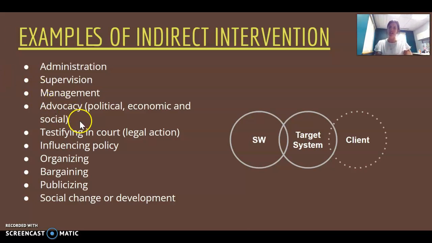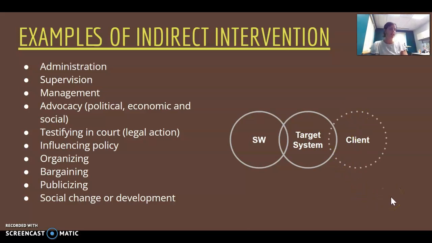There's the advocacy, testifying in court, influencing policy, organizing, bargaining, publicizing, social change or development. So it does have more of a macro vibe to it. But they're all functions within social work, which are really important to know because they do have some sort of effect on the client.